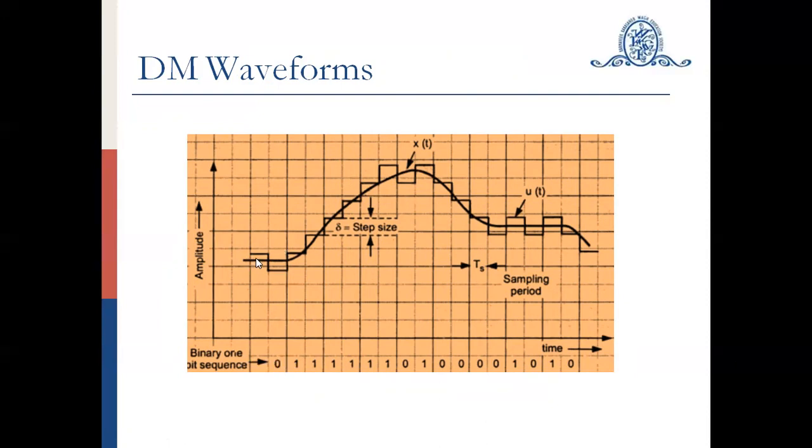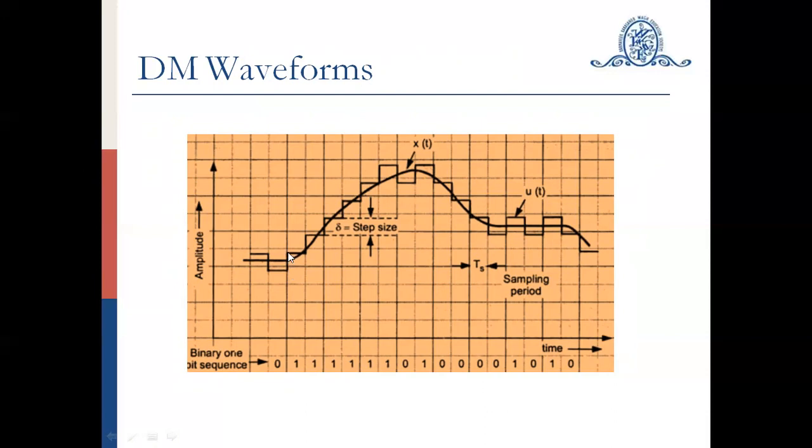Initially, this analog voltage will be compared against the approximated voltage. If the analog voltage is decreasing, or if it is less than this one, then the step size, that is delta, will be decreased. Then again at the second clock cycle, you can check that the input signal x of t is greater than u of t, the approximated signal.